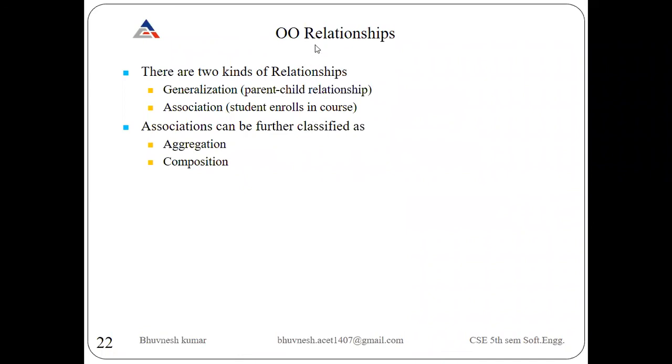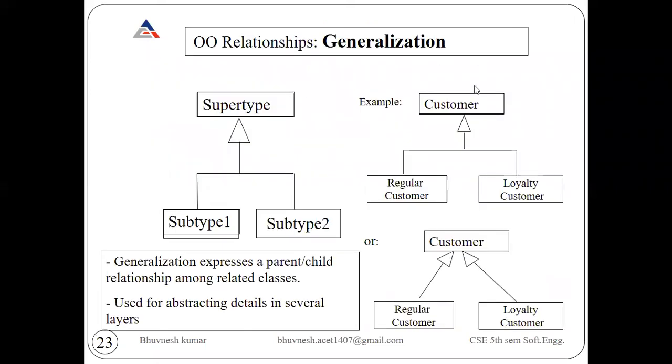And further in your class diagram, there are generalization, relationship, and association. Okay, generalization is a parent-child relationship. For association, an example is given: student enrolls in course, and further association has a further classification, aggregation and composition. Okay, this is your generalization.